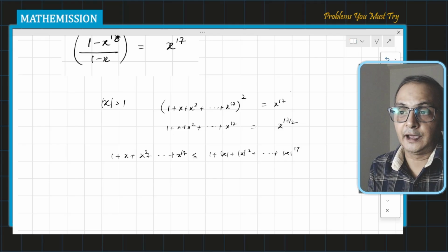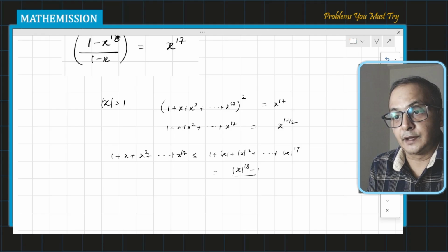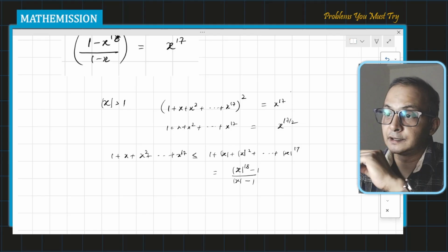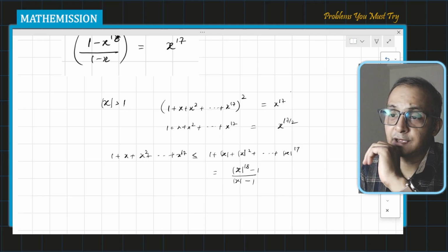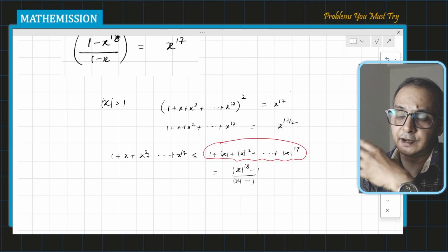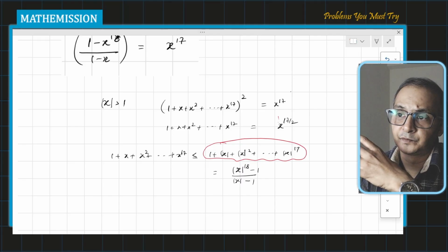Now you can also write this as mod of x to the power 18 minus 1 by mod of x minus 1. If mod of x is greater than 1, this entire value will be a very large number compared to the number we're getting here.